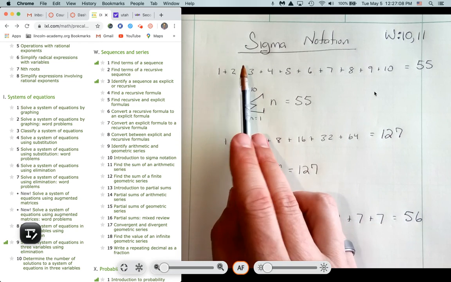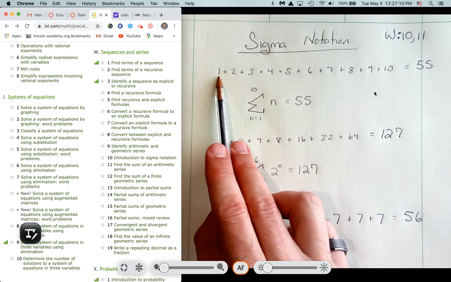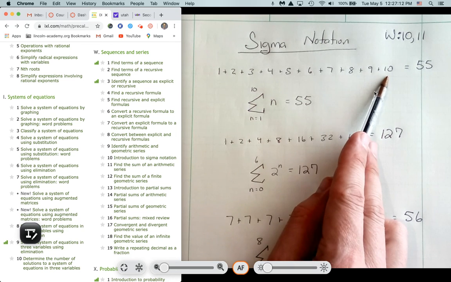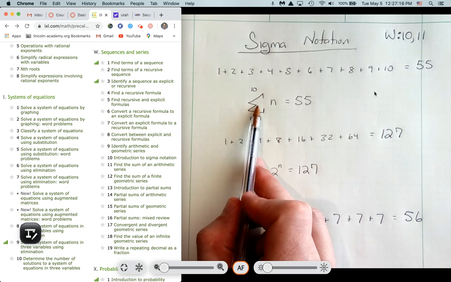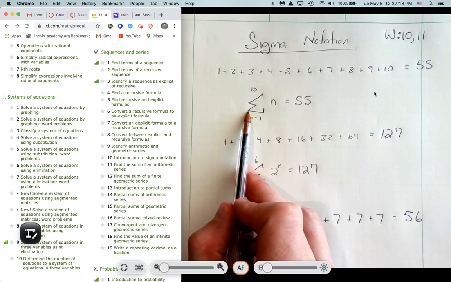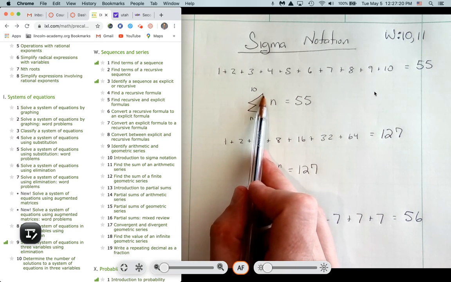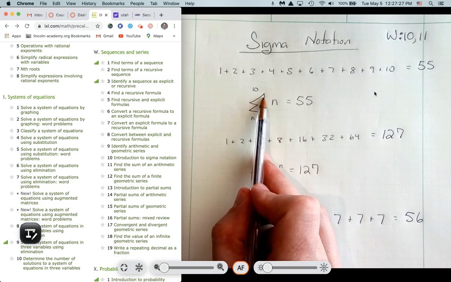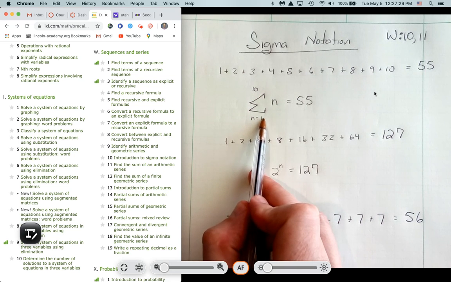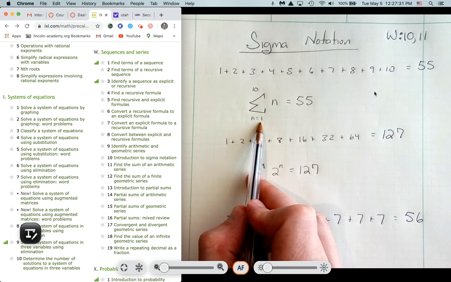We can abbreviate this. If I'm adding these integers from 1 to 10, I can abbreviate it by using this sigma notation. It's the capital Greek letter sigma, I believe, for summation. It tells us where we're going to start, and we always go by integers.